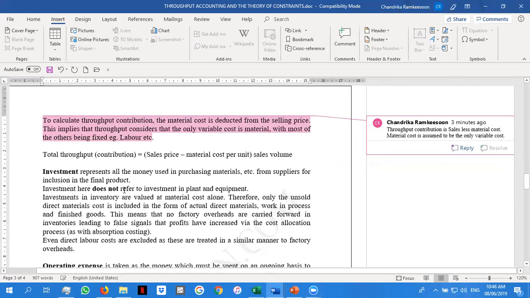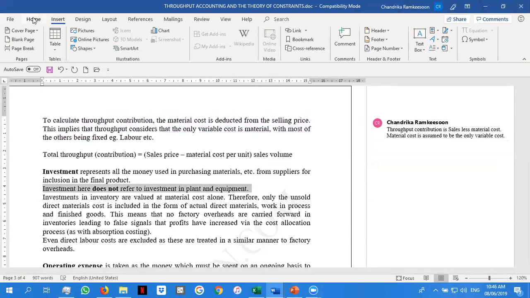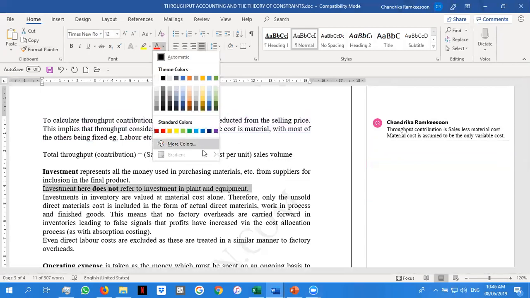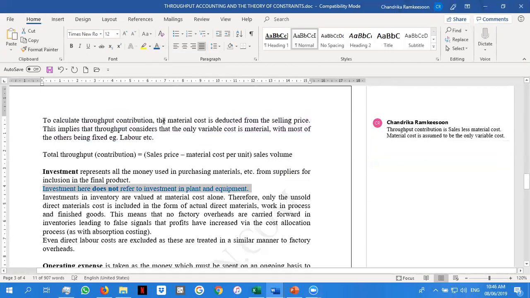And very important, although I have put it in bold here, I'll just highlight this line for you. Investment here does not refer to investment in plants and equipment, and that's very important.